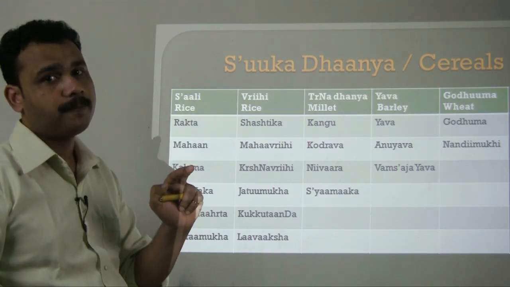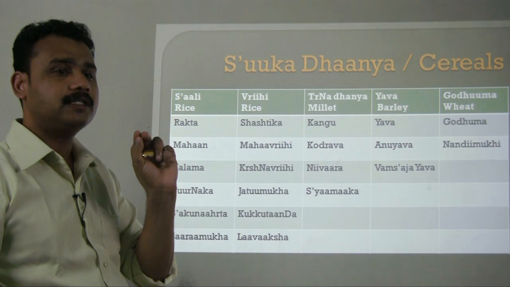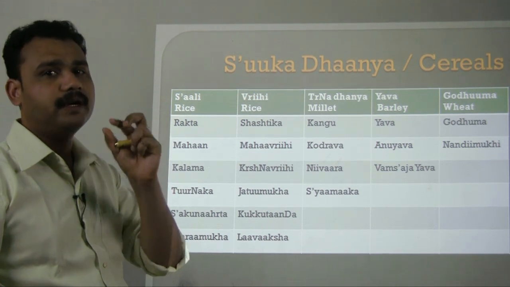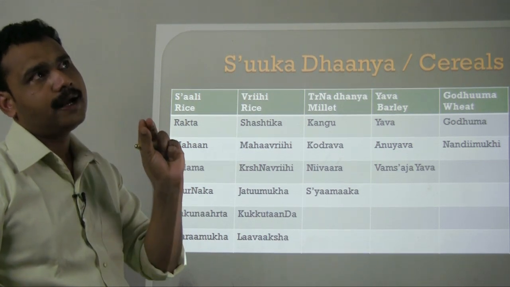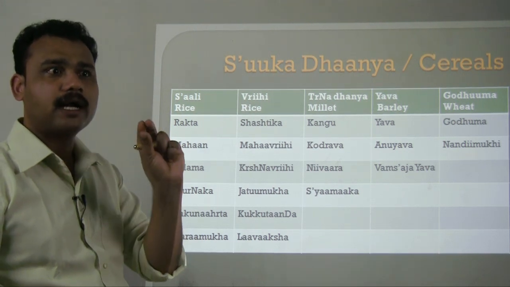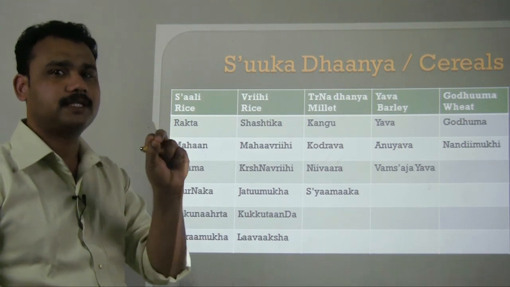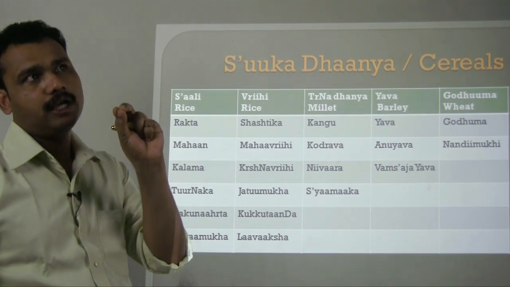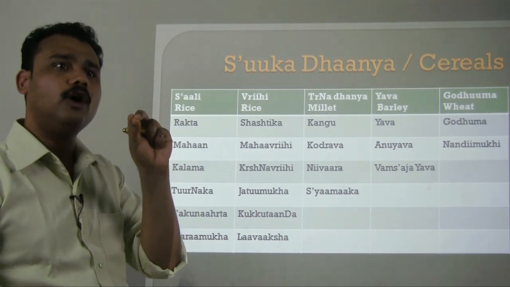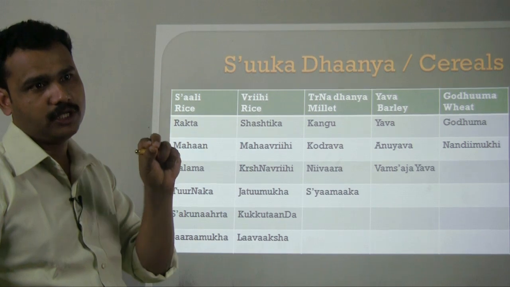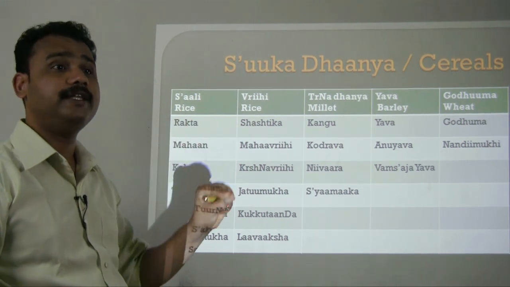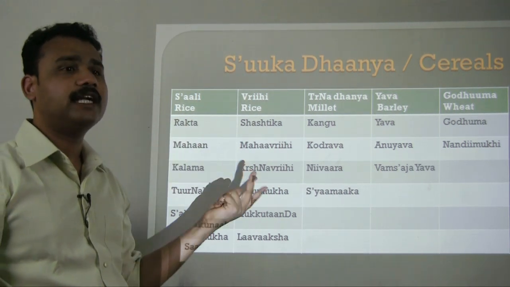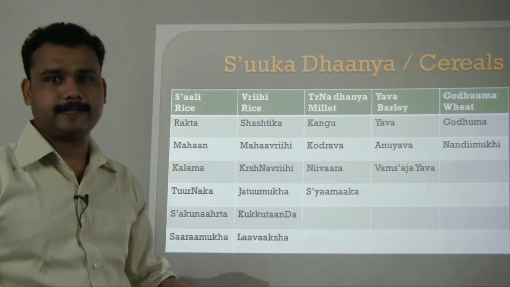And Shuka literally means the beak of a bird. So Shuka are grains which are covered by husk, which appears like the beak of a bird. This is what Shuka Dhanya means, which we scientifically call cereals.